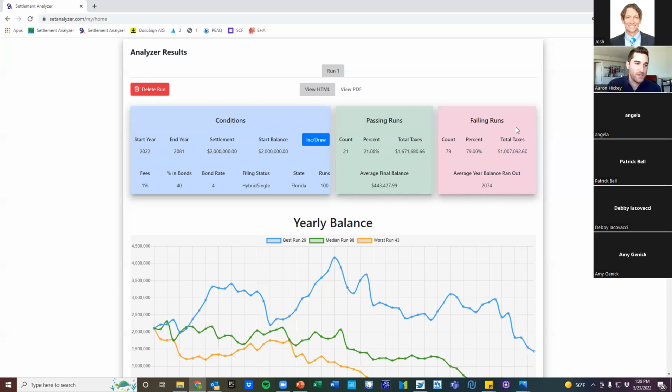And what I really want to point out to you guys, and when you use this software, I want you to point it out to the people you present it to. This is extremely important. The average year the balance ran out. So of the failing runs, the average year in which it ran out was 2074. For a comparison, we wanted to say it had to run to at least 2081.